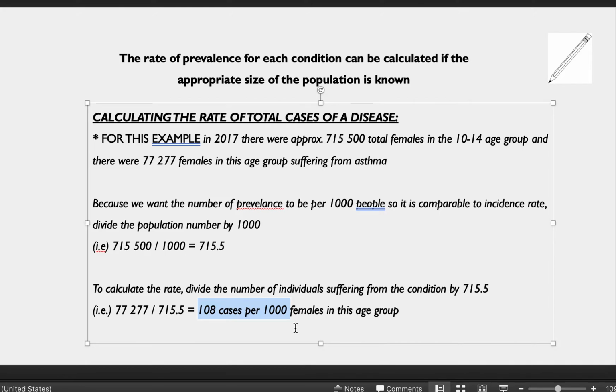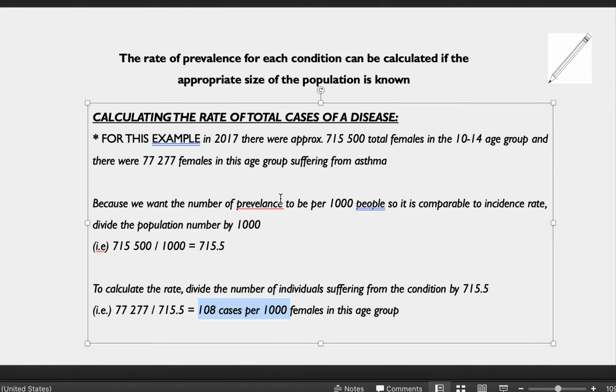Because if we are then able to look at the number of people who have asthma and the number of people who were diagnosed with asthma, we can see whether this growth is continuing to increase or we have a decrease in the growth in the number of asthma cases.